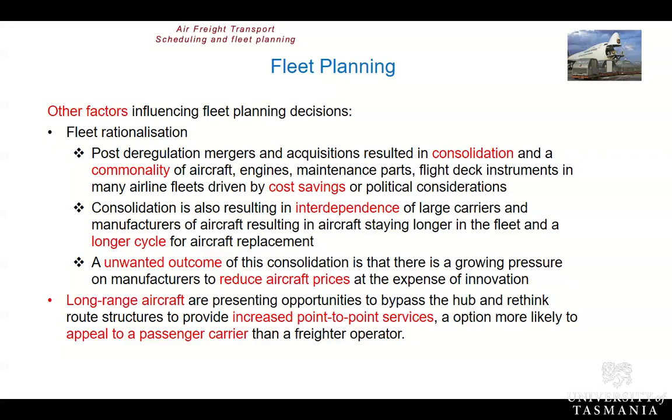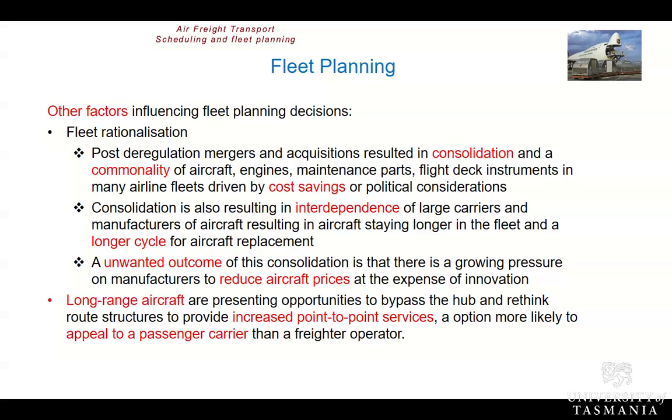Longer range aircraft is changing that dilemma a little bit because it's presenting opportunities to actually bypass a lot of those hubs, getting the goods into the marketplace perhaps a lot quicker than the other option, which might present some point of difference, if you like.